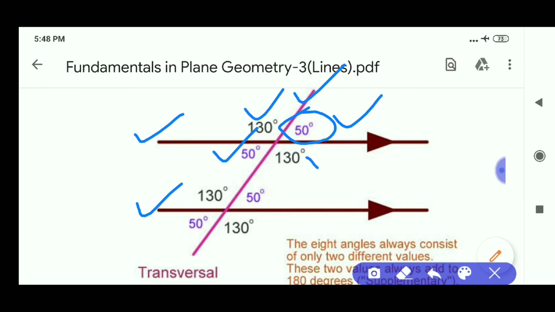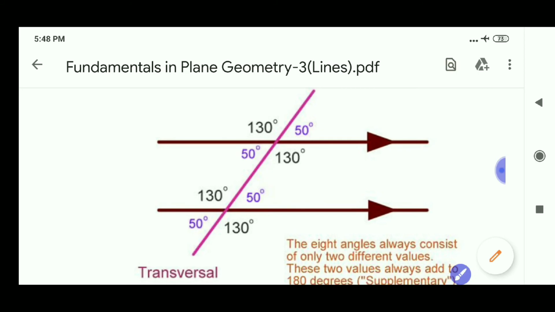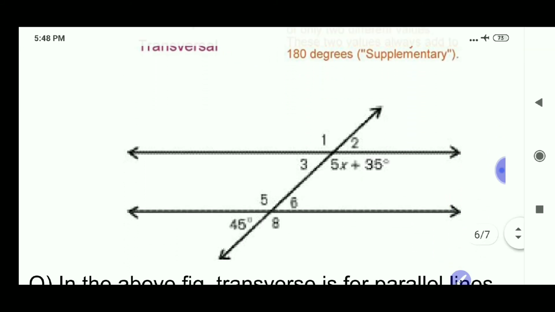Its vertically opposite angle is also 130. Corresponding angles are equal, so it is 50 and it is 130 and it is 130 and it is 50 degrees. If one angle is known, immediately we can find the remaining angles when parallel lines and a transversal are there.